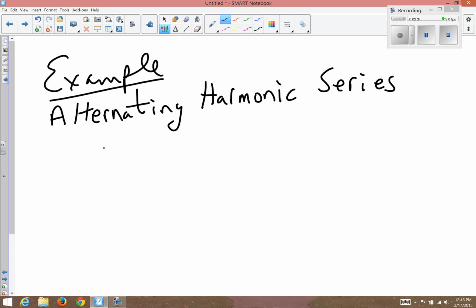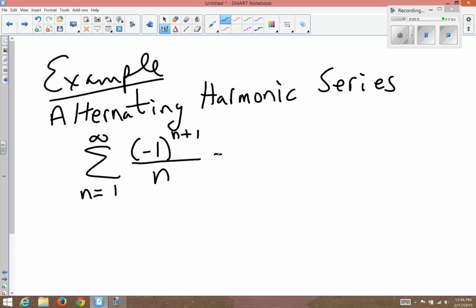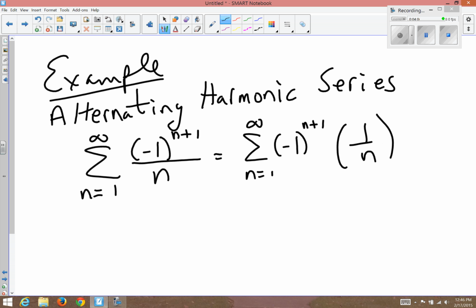It looks like this: sigma -1 raised to the n plus 1 over n, going from 1 to infinity. It also could look like this: sigma n equals 1 to infinity, -1 raised to the n plus 1, with 1 over n next to it. Recognize the harmonic part there.